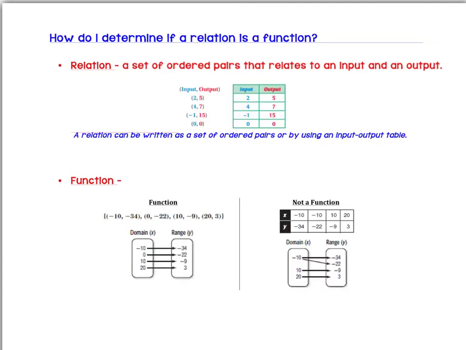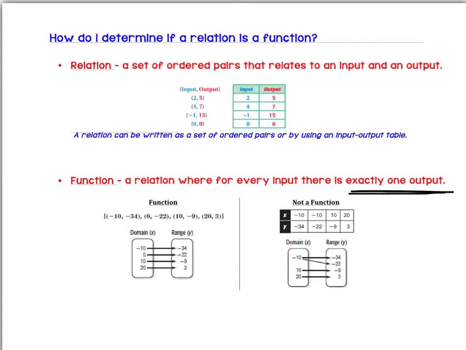A function is a special type of relation, where every input has exactly one output. There's only one output that each of these inputs can have. So I'm going to underline that. That's really important. If we take a look at the first example on the left, we've got the pairs of -10, -34; 0, -22; 10, -9; and 2, 3.